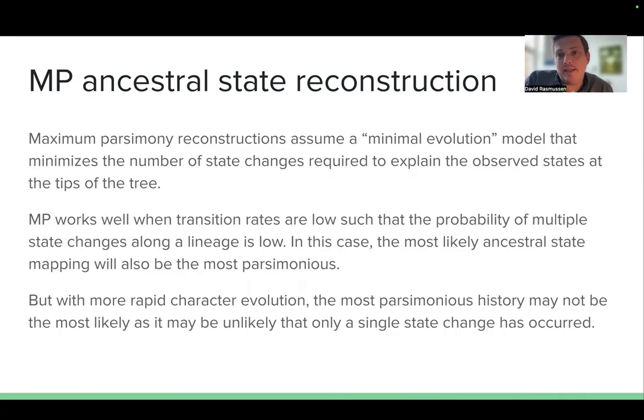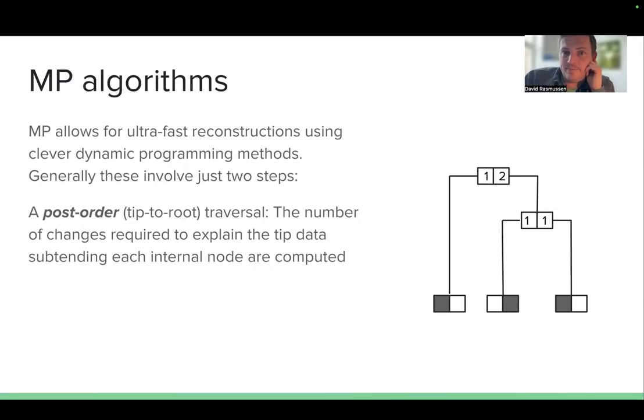It's known that maximum parsimony reconstructions can suffer from accuracy issues when many transitions can possibly occur over a given phylogenetic tree. But if there are few transitions in states over a given tree, maximum parsimony methods work very well and are very efficient.